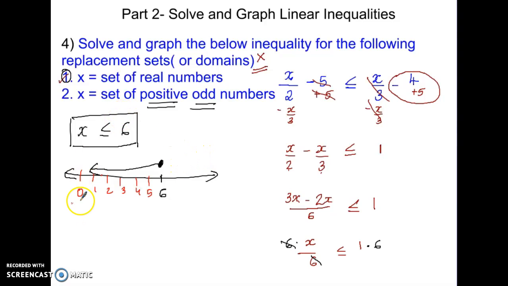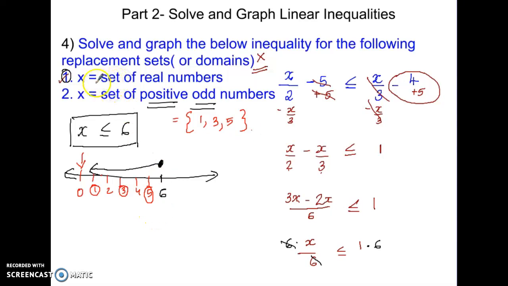So positive numbers end over here in this part, right? And all the numbers below 0 are negative. But we only need odd numbers. So we only need 1, 3, and 5. So the solution set for the second part is the set of 1, 3, and 5.